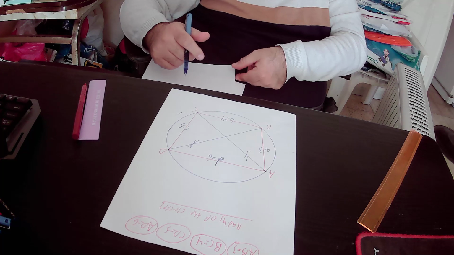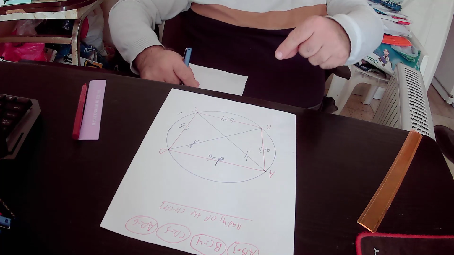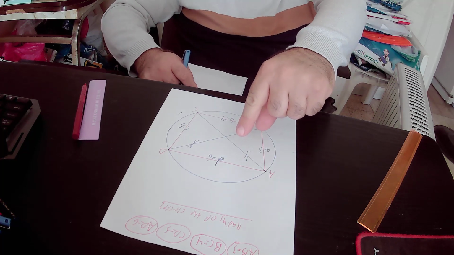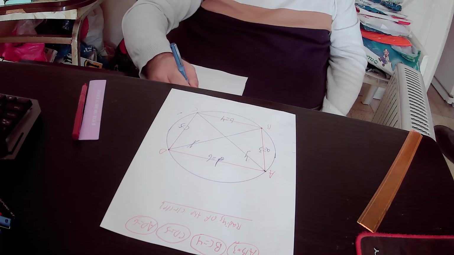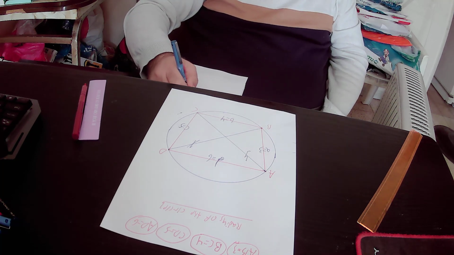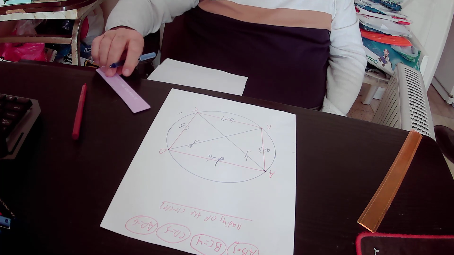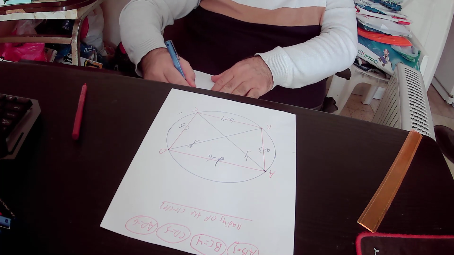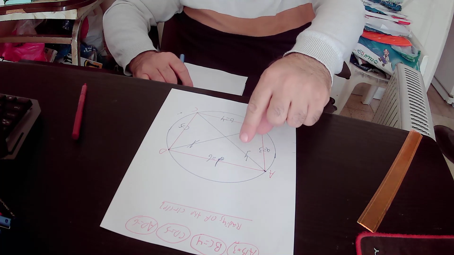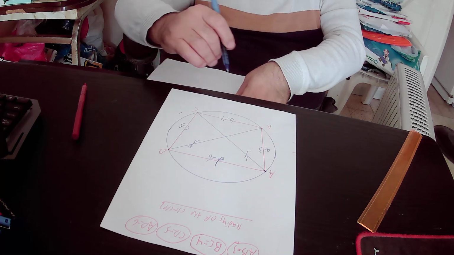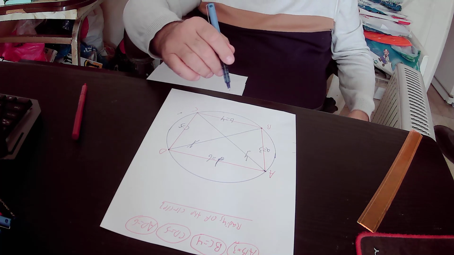So in the next step we will focus on triangle ABD. As you can see from the drawing, this triangle ABD is inscribed by this blue circle.